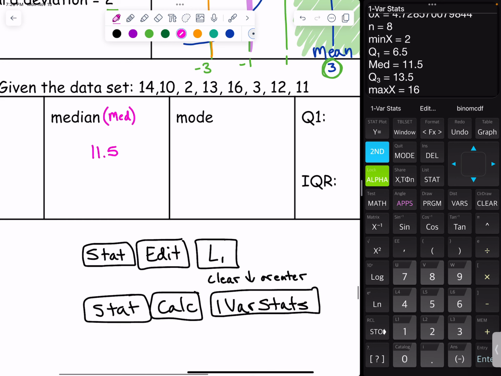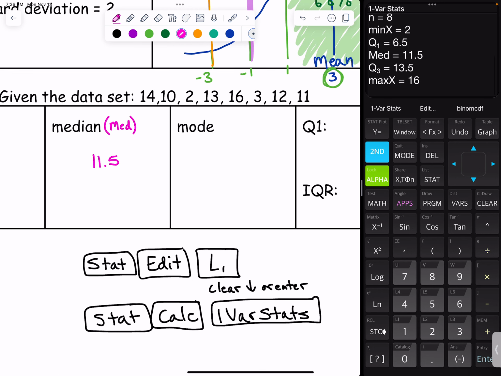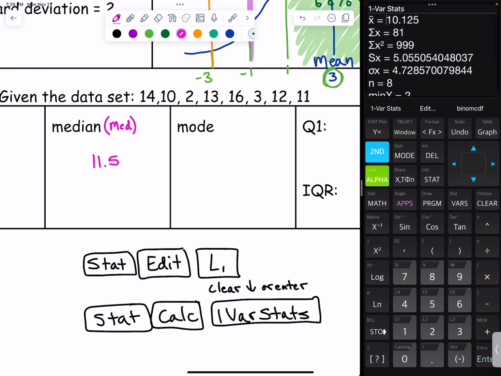The mode is the most frequent. I don't know if they list that in here, but you can just see if there is one that has repeated itself. So let's see. The mode, I don't see a number that got repeated in this data set. So we just have no mode for this data set.